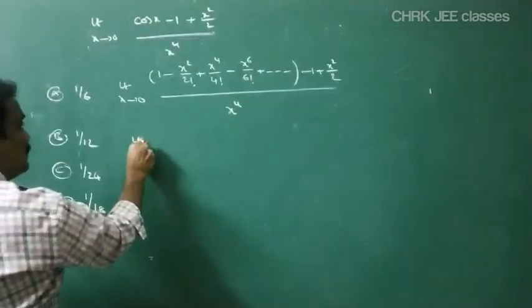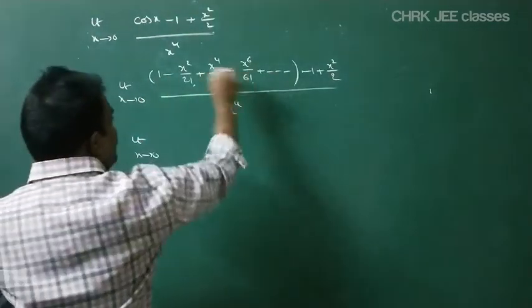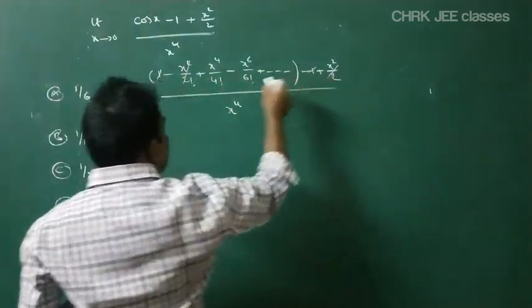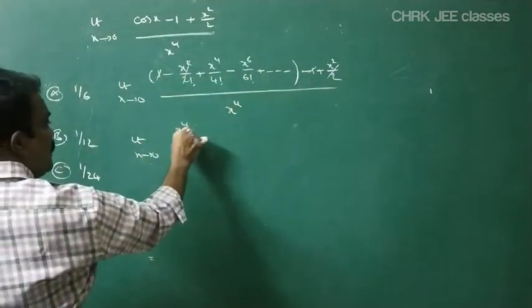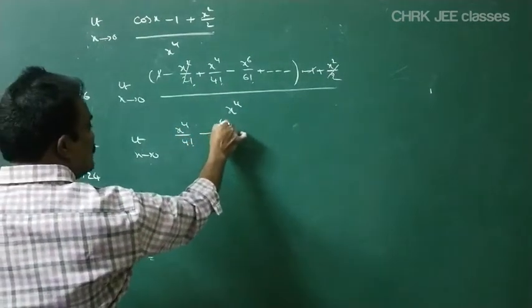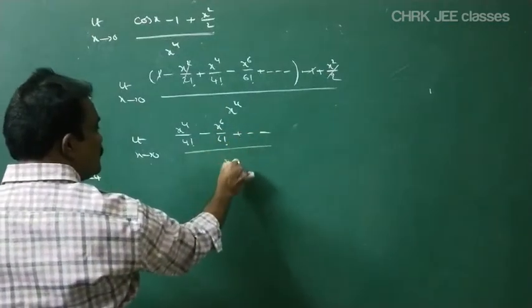That equal to limit x tends to 0, this one minus 1 are cancelled and these two are cancelled. x to the power of 4 by 4 factorial minus x to the power of 6 by 6 factorial plus so on by x to the power of 4.